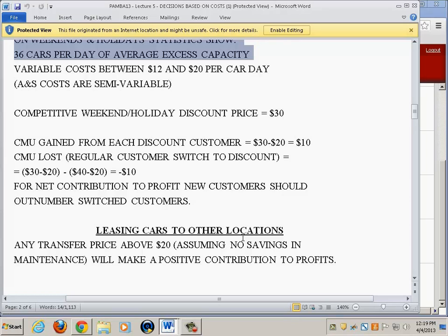Another example you have in your case, the airline example, is that it pays airlines to discount prices if the flight is already scheduled and it's not full. Because flying an extra passenger, the incremental costs are low. And the other costs of operating the plane would be incurred anyway if the plane is flying, right?